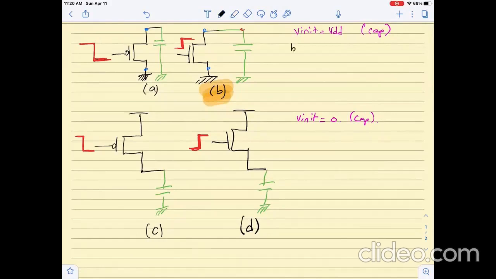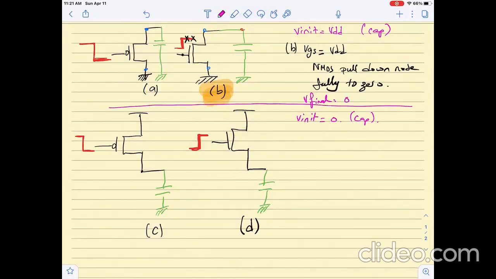For case B, VGS at any time during the discharge will be equal to VDD. So the NMOS will pull down the node fully to 0. V final for the capacitor will be equal to 0. So this is for case B for the NMOS.